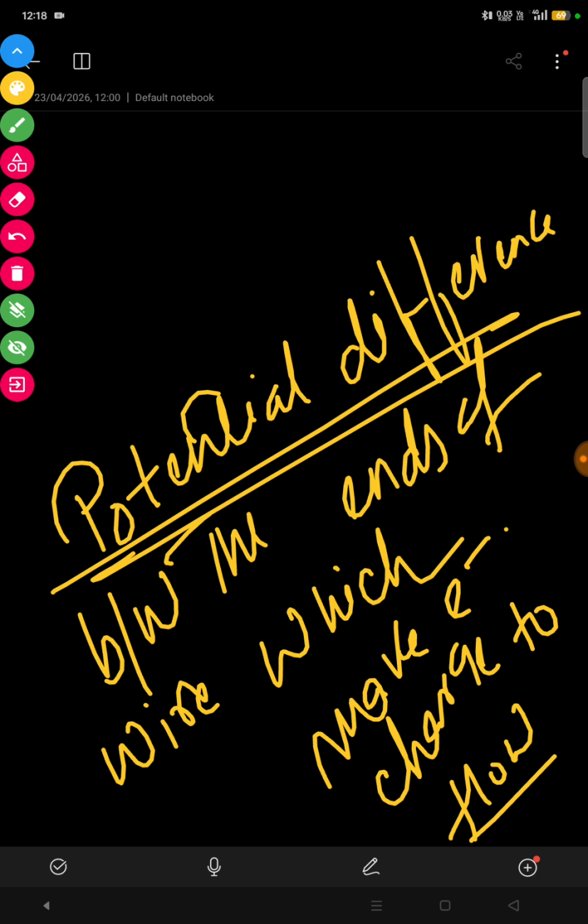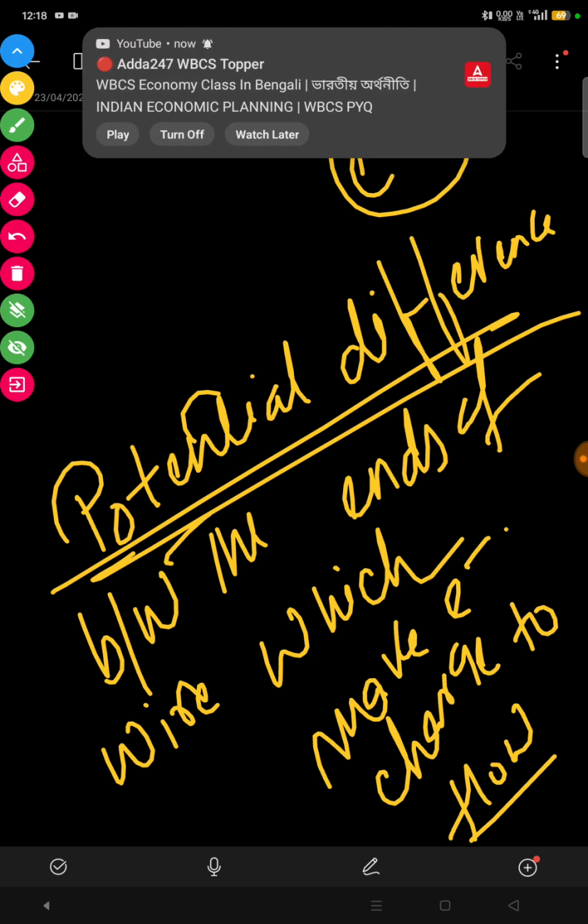Okay, the electric charge whose flow in a metal wire constitutes electric current is the negative charge called electron, because we know electrons are the only ones which can flow. Protons are stationary, they do not flow. Only electrons flow. So the electric charge flowing through the metal wire, which constitutes electric current, is the negative charge called electrons.